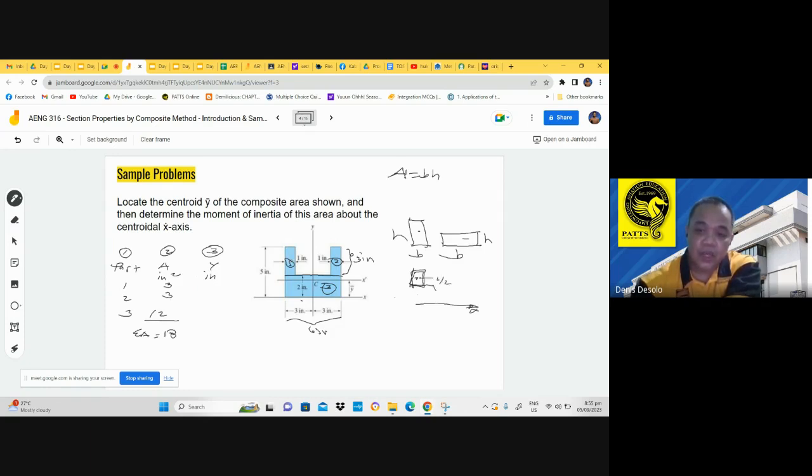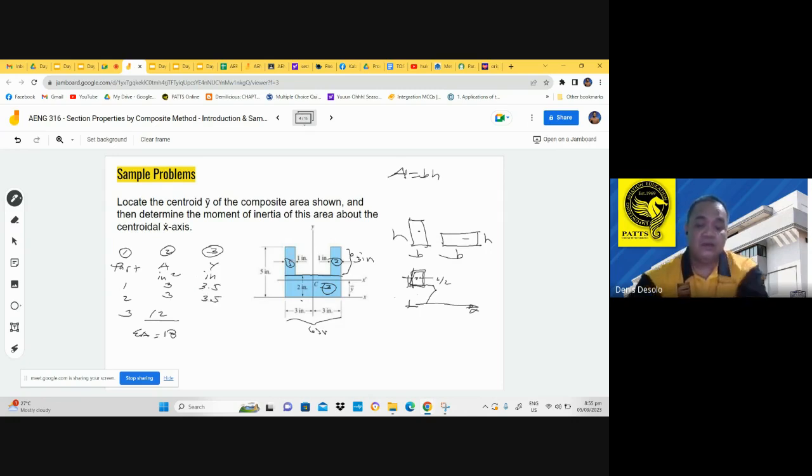But we need to add the gap so that we can measure the whole distance of the centroid above the x-axis. Since the height is 3, we divide it by 2, that's 1.5. Then you add the gap, which is 2.5. That will be the total centroid of parts 1 and 2. So instead of 1.5 only, that should be 4.